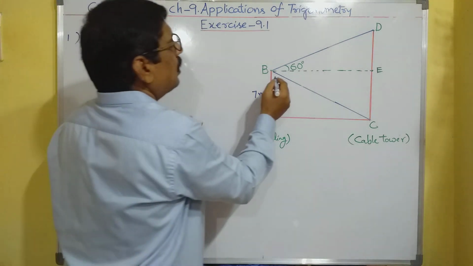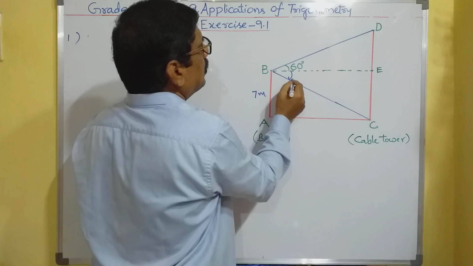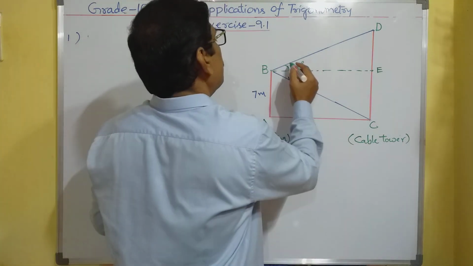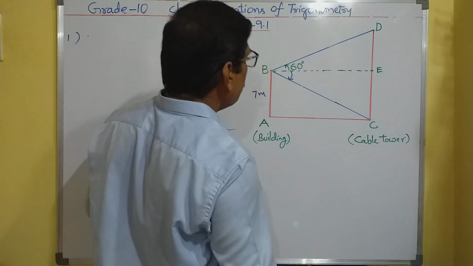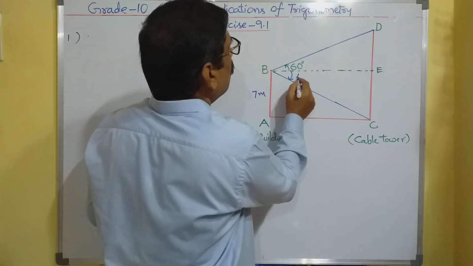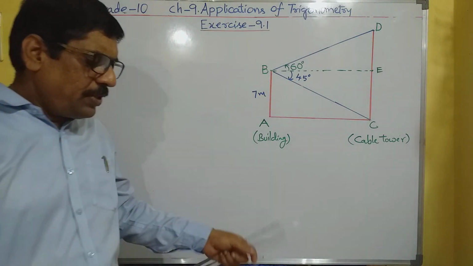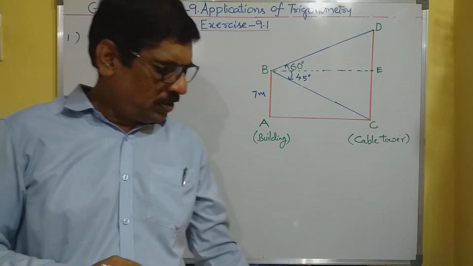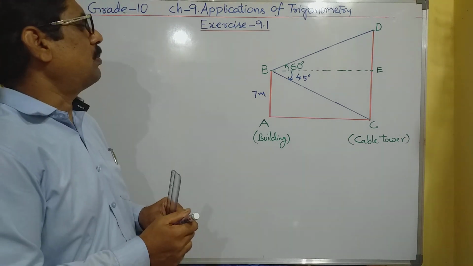So here we have to take like this. This is the angle of elevation upwards, and this is the angle of depression. What is the angle of depression given? 45 degrees. Okay, this is the rough diagram. We are taking approximate measures, we don't take the exact values, just for understanding purpose.